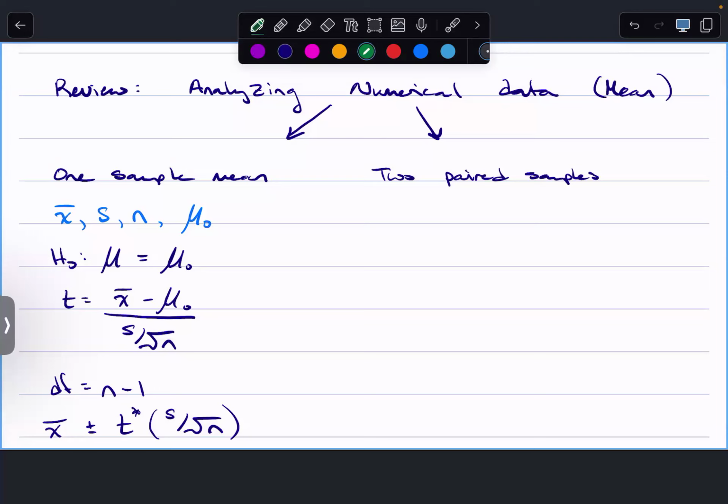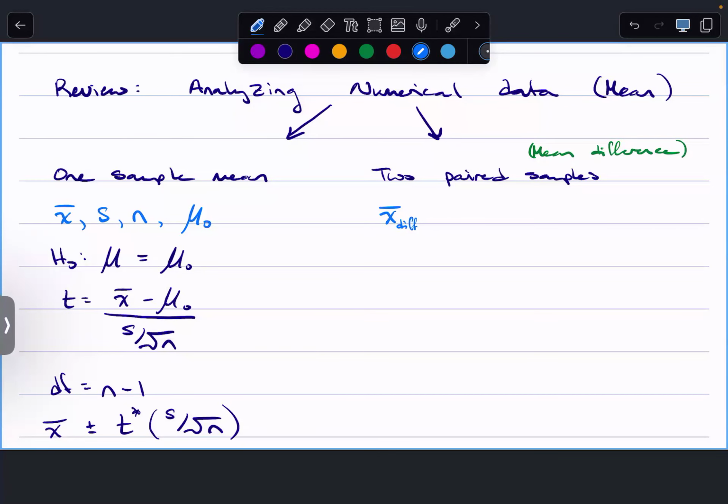Then I'm analyzing the mean difference. Right. So then I'm going to have sample 1 and sample 2 in my spreadsheet. But then what I do is I calculate the differences, and I can find the mean of the differences.